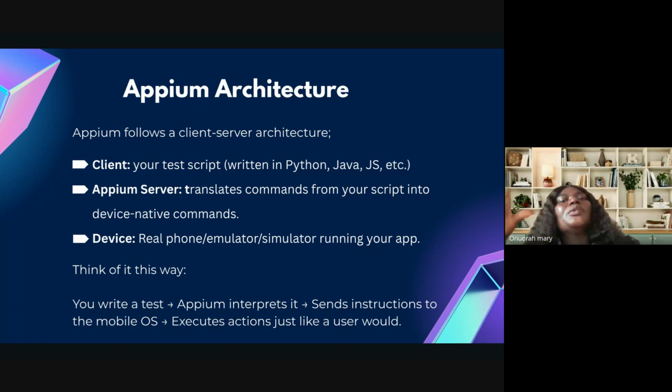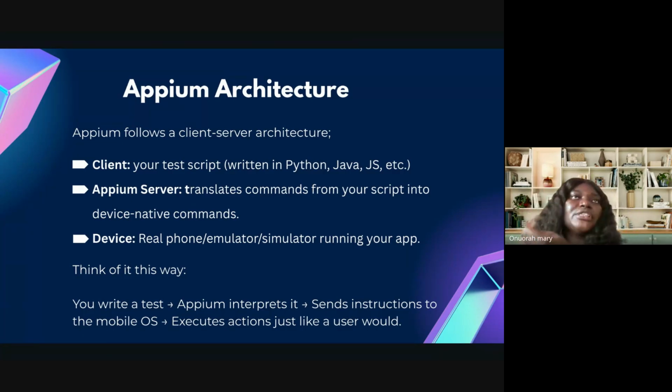And then there's the Appium server, which basically translates the commands that you have added in your test into your device's native commands. If it's iOS that you're testing, it converts your script to the native command for iOS.